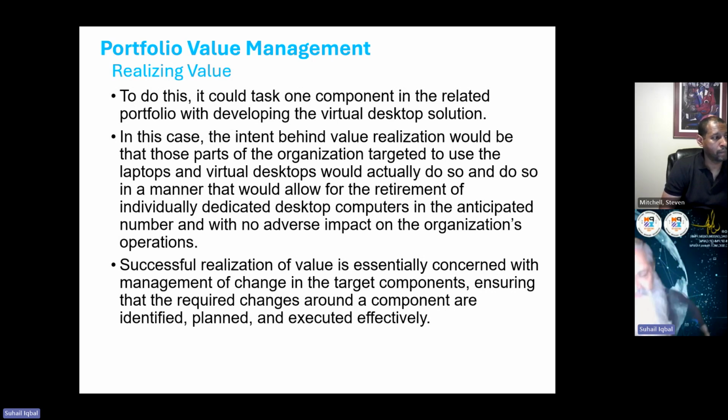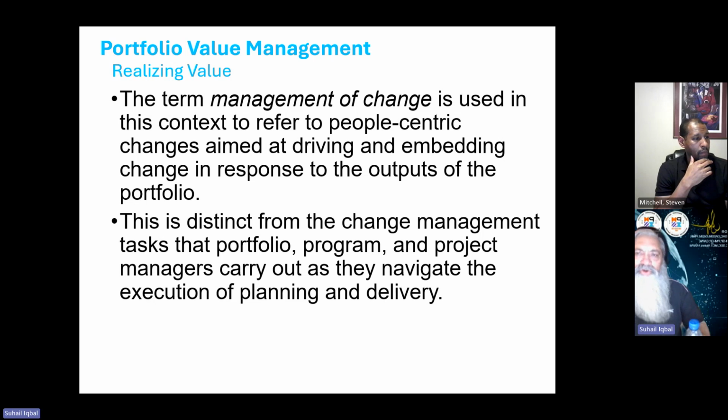Successful realization of value is essentially concerned with management of change in the target component, ensuring that the required changes around a component are identified, planned, and executed effectively. The term management of change is used in this context to refer to the people-centric changes aimed at driving and embedding changes in response to the outputs of the portfolio.